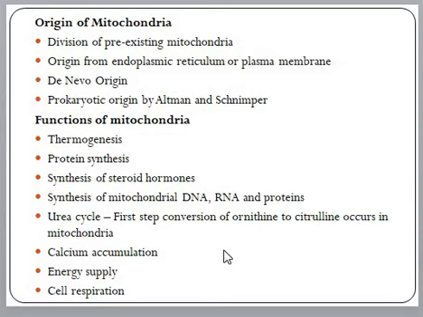The first step of the urea cycle, where ornithine is converted to citrulline, happens within the mitochondria. They store calcium, so they help in calcium accumulation, mainly cation accumulation. They are involved in energy supply, and cell respiration happens within the mitochondria. These are the major functions of mitochondria.